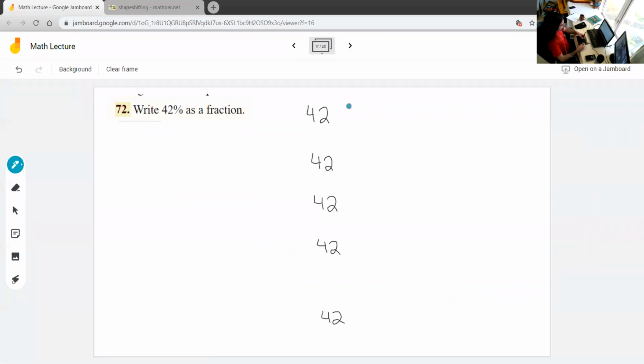I could take the percent symbol and replace it by a divided by 100. I could take the percent symbol and replace it with 2 decimal point scoots. I could take the percent symbol and replace it with writing the number over 100. Or I could take the percent symbol and replace it by a times 1 over 100.